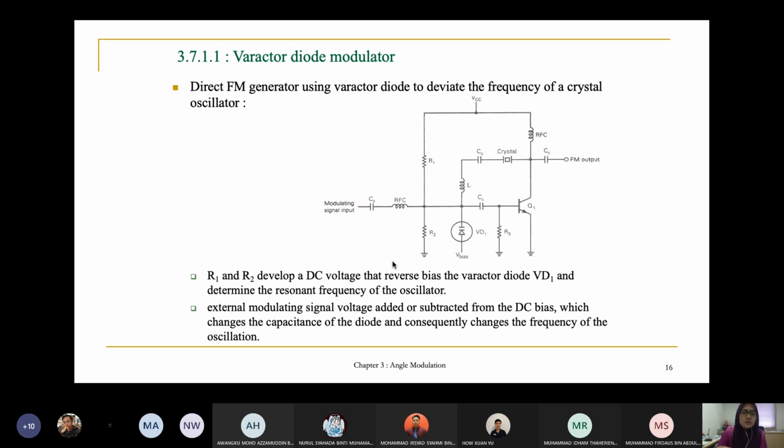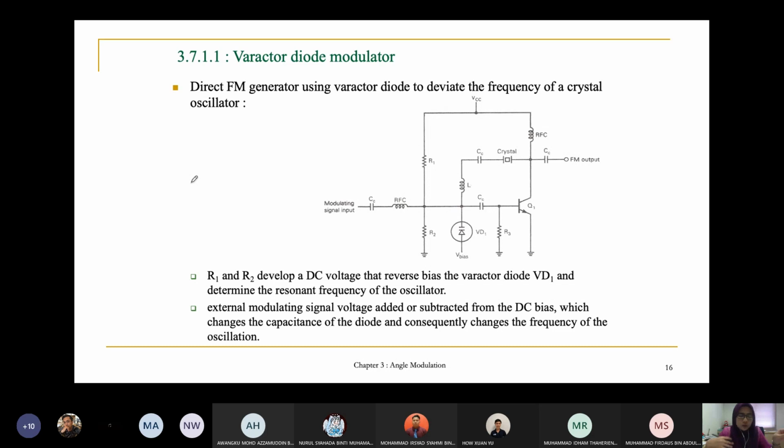When the value of the capacitance changes, the frequency of oscillation also changes. So this is generally how this circuit works. It changes the value of the capacitance in the circuit, therefore the frequency also changes.